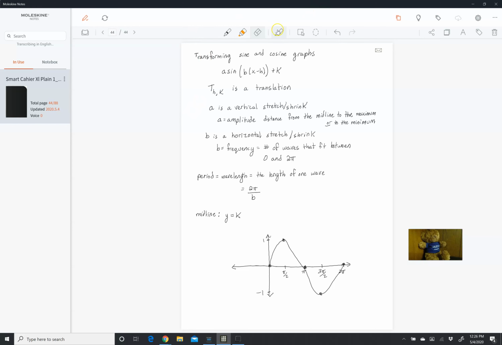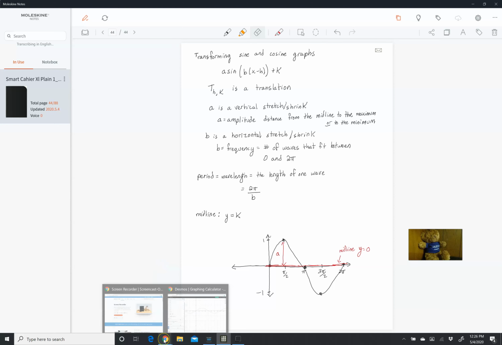The midline is literally the line in the middle. If you translate it up, which I'll show you on the other graph, then the midline is at y equals 1. If you translate it down by 1, the midline will be at y equals -1. The amplitude is the distance from here to here. It's the distance from that midline.